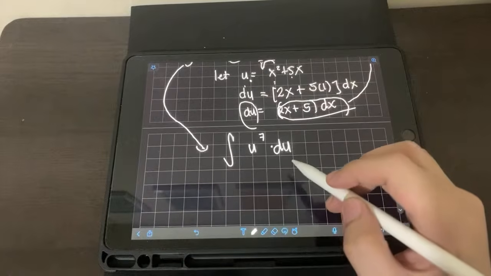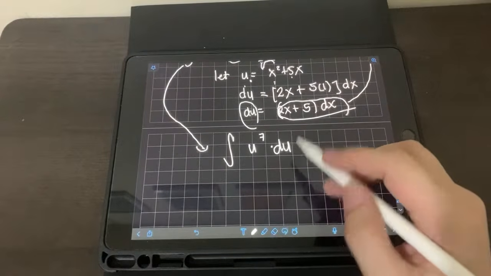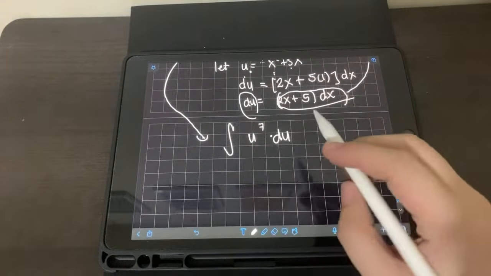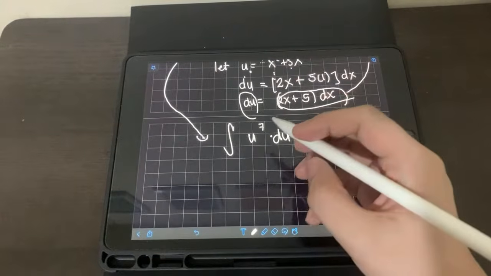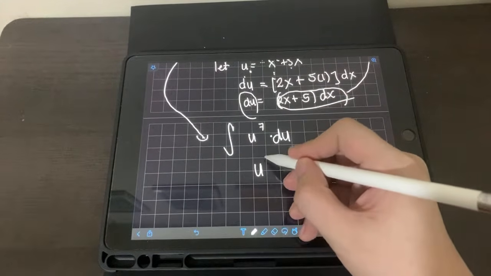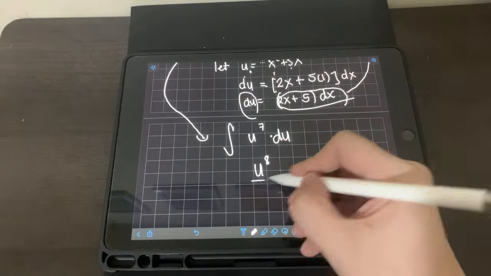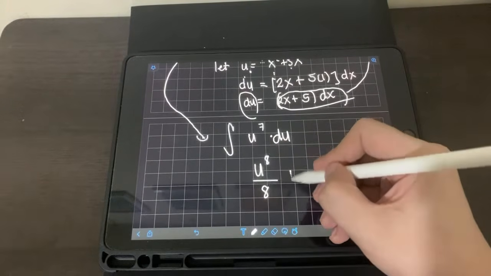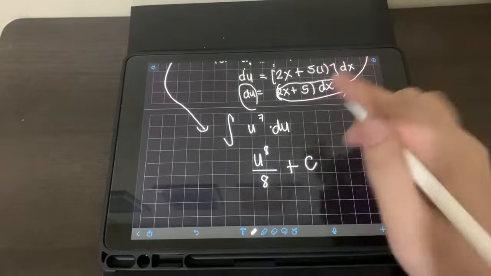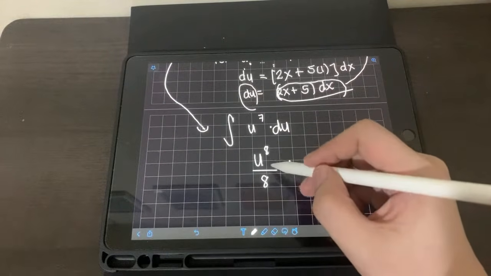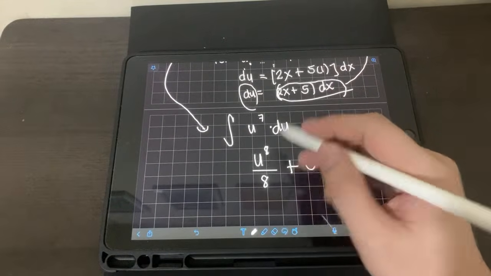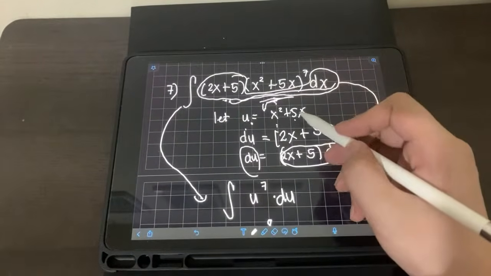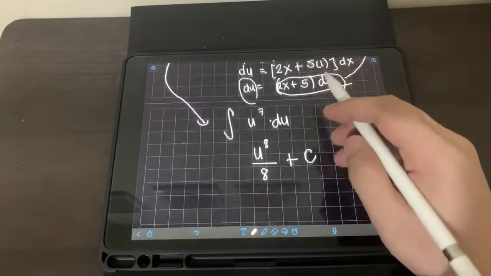And then, applicable na rin yung power formula natin. Right? So, pwede na natin tong i-integrate. So, ano integral ng u to the 7th du? U to the 8, add kayo ng 1 sa exponent, divided by 7 plus 1, or 8. Okay? Plus c. And then, don't forget, lagi nyong ibabalik yung variable na u in terms of x. So, it is x squared plus 5x.